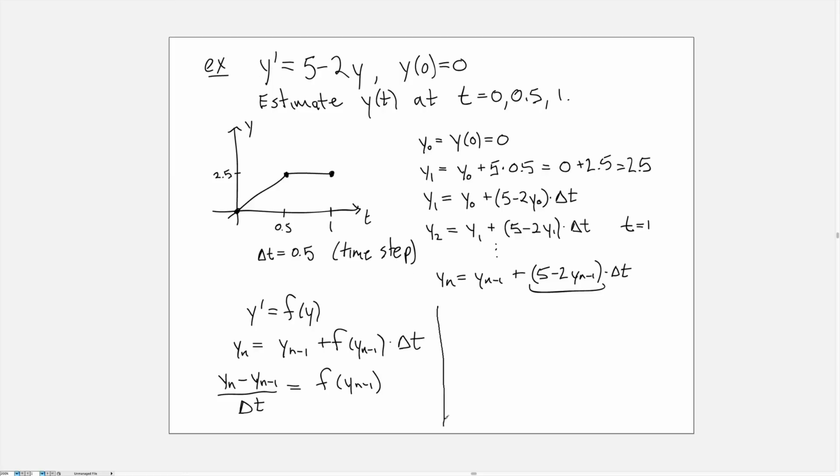So there's one more thing that we need to talk about, and that is how do you figure out whether this straight line version, approximating the solution, over or underestimates the actual solution. So in this case, we know that the actual solution is an exponential curve like this.